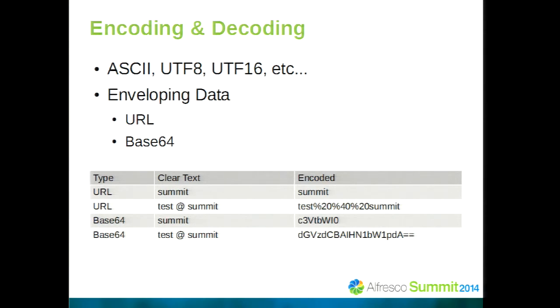This allows you to embed things inside XML, inside HTML, multi-part MIMEs. Likewise, you're trying to embed text inside of a URL that doesn't conflict with your typical URL slashes and colons and ampersands and question marks. So this is great for putting your data into an envelope of some kind.